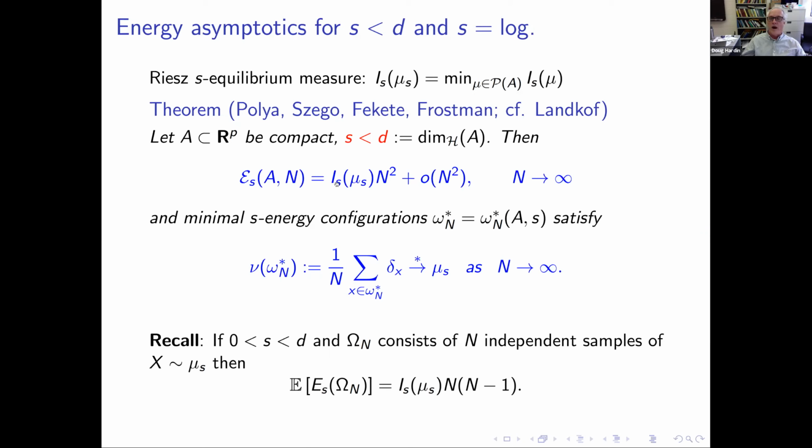What's a little bit surprising, at least to me, is that the dominant term of the minimum possible energy is the same as the expected value of IID points in this integrable case. So this means that for the n squared term, we don't need the crystal structure or the local structure. Let me make sure that's clear.